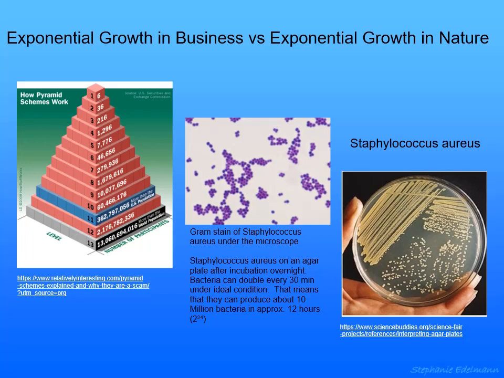Those little dots that you see there, those macroscopic colonies, represent about 2 to the power of 24 bacteria, so about 10 million bacteria that are actually visible with the naked eye. And you can pick them up and streak them out again. So you've gone from something that you can barely see under the microscope to a visible colony in one day, because the exponential growth is so powerful and so fast.